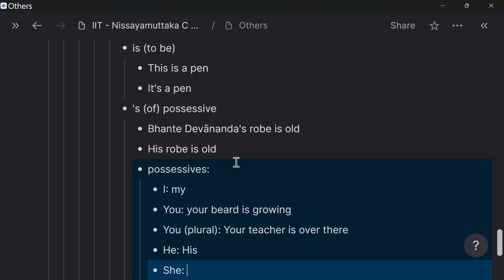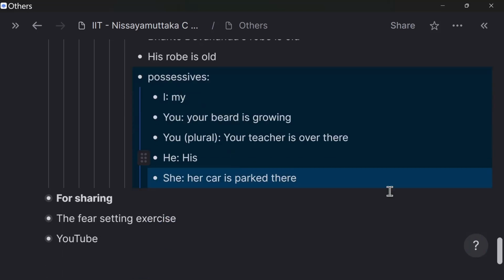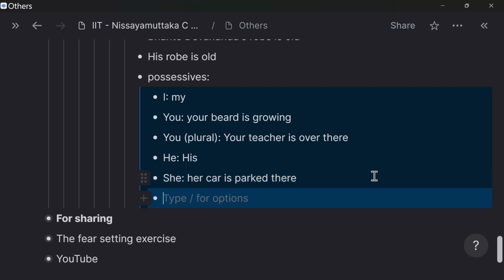Are you sure? Her? Yeah. Okay, her car is parked there, for example. Her car is parked there.